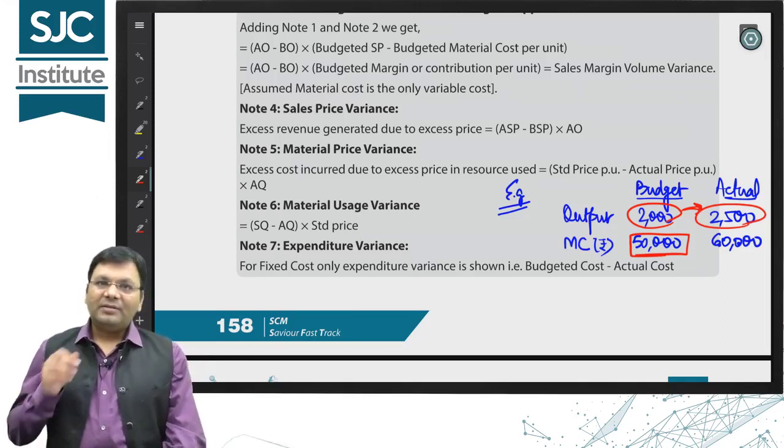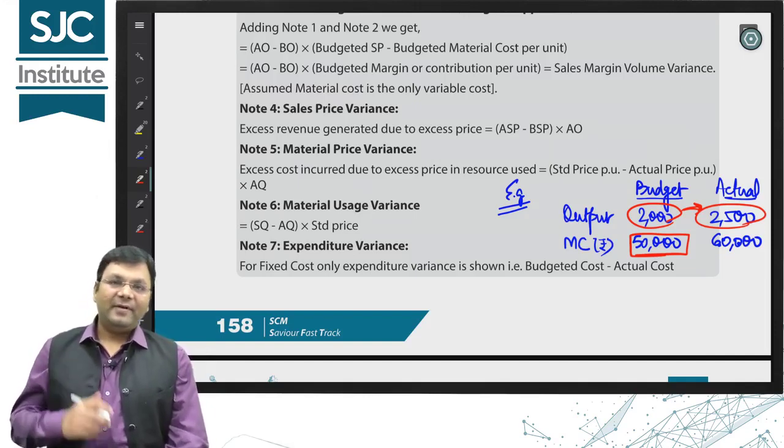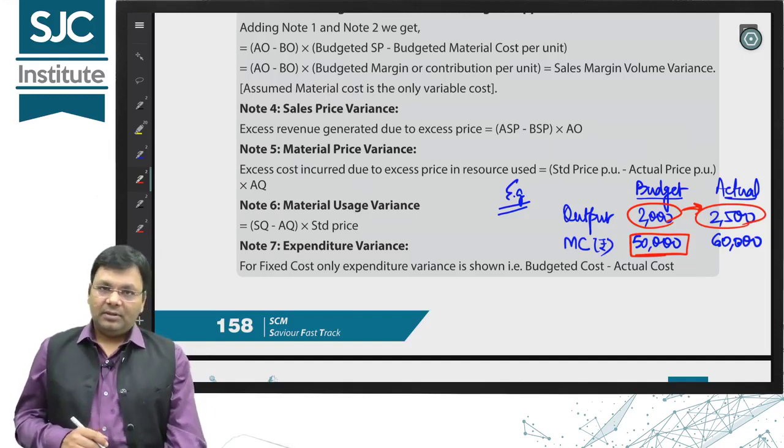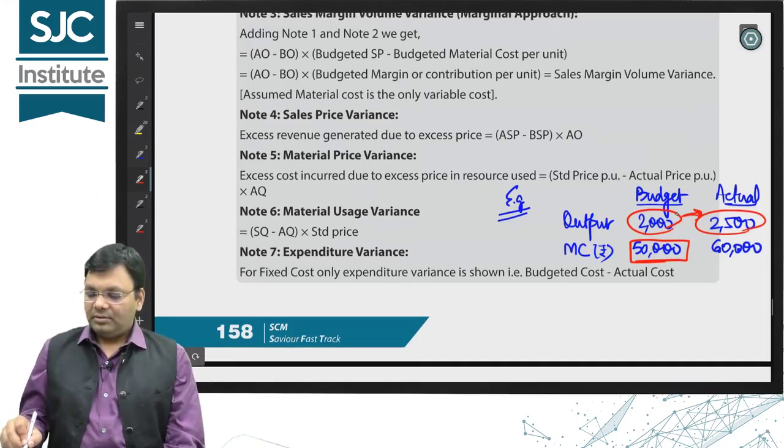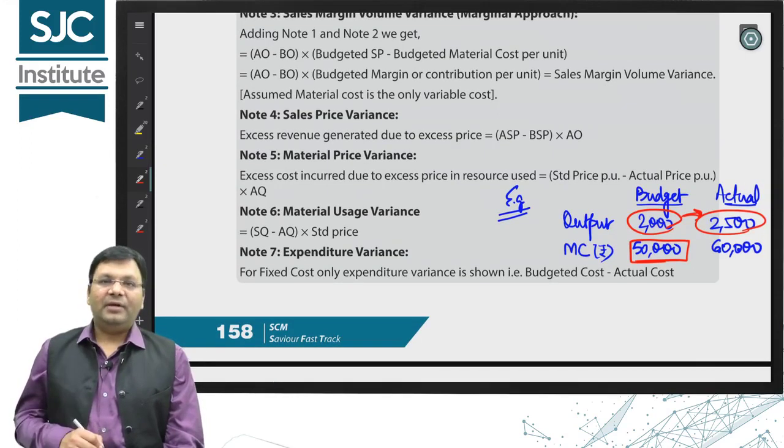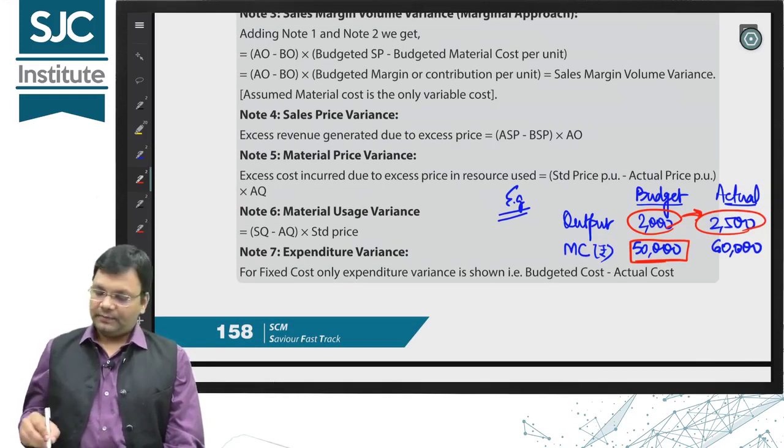So if material cost is increasing, it will have an unfavorable impact on profit. Cost increases means unfavorable. Unfavorable means negative value. To show negative value, I will write 2000 minus 2500, not 2500 minus 2000.